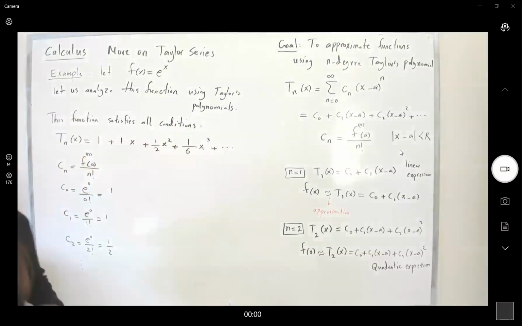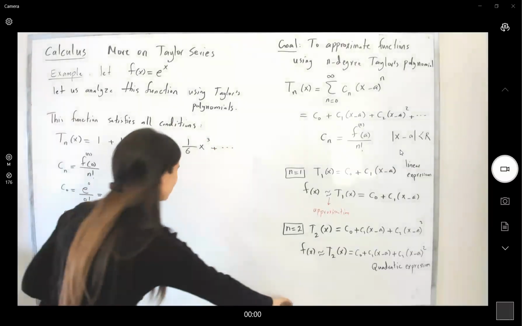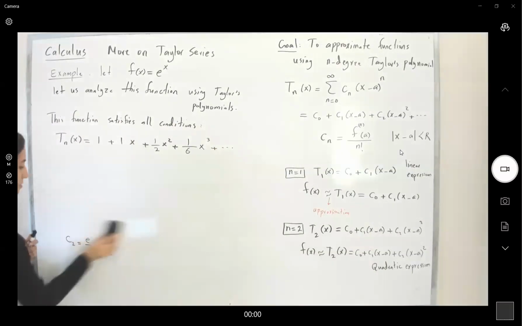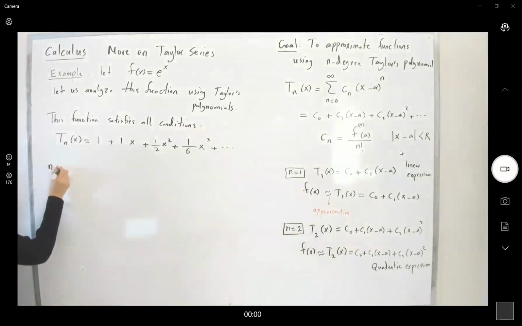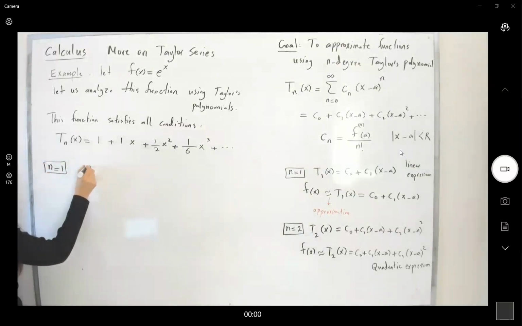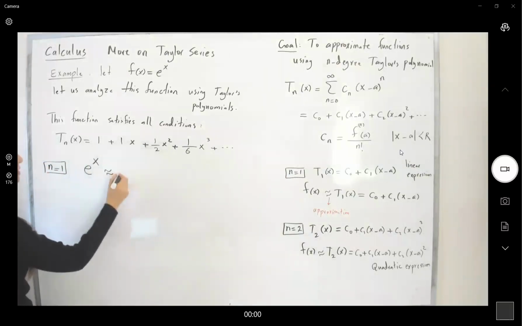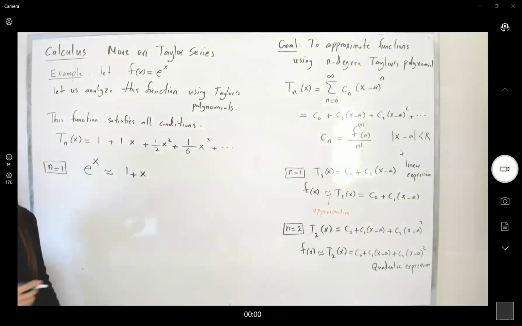What about our Taylor polynomial? If n is equal to 1, our function, which is e to the x, can be approximated by 1 plus x, which is a line.